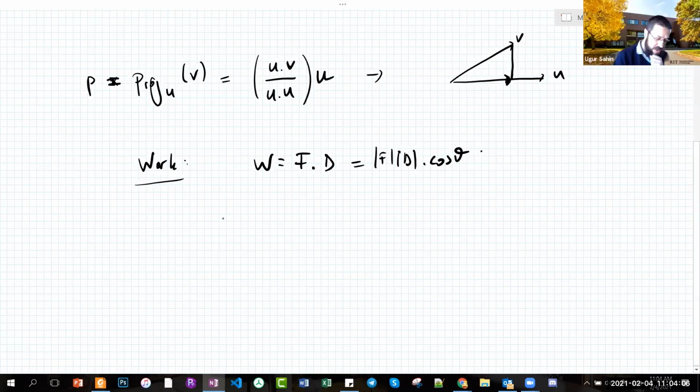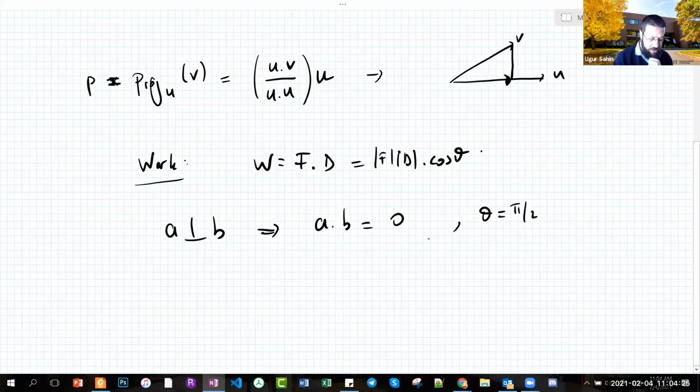Yeah, when you have two vectors which are orthogonal to each other, the dot product is going to be 0 because theta is pi over 2. If you apply the formula, you are going to get this feature. So that's one of the nice features you always use, right?